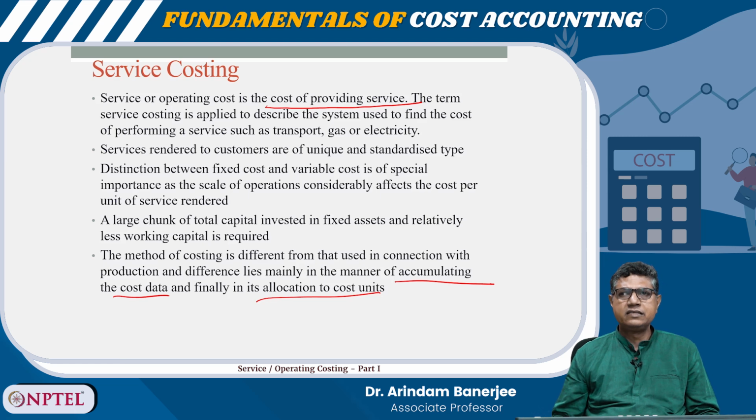The reason is the same as we discussed earlier, that we need to determine the cost because we have to do pricing, and we should know how much we are incurring for generating one unit of service. And at the end of the day, our business should be profitable.